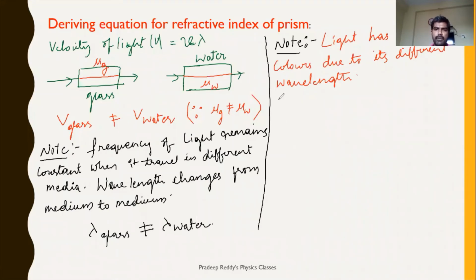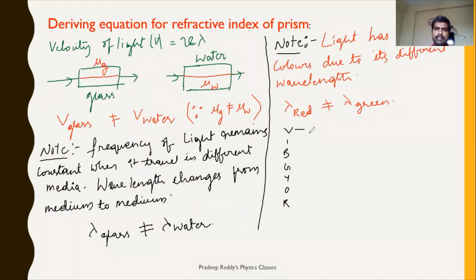For example, the wavelength of red is not equal to the wavelength of green. Therefore, as light has different wavelengths, it will exhibit different colors. And as we know, we have different colors, right? So what are they? V, I, B, G, Y, O, R. Violet, indigo, blue, green, yellow, orange, red.